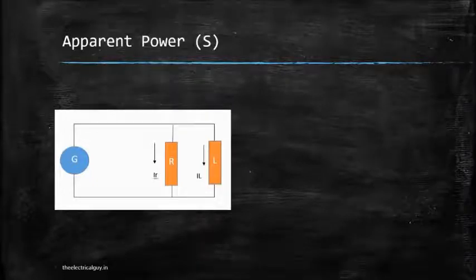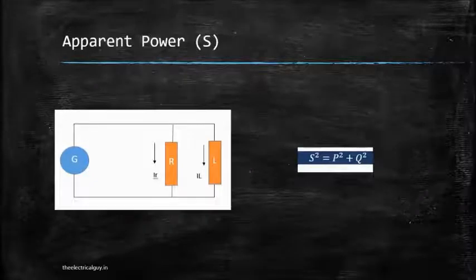And this type of quantity or this type of combination of both the power is represented by the name apparent power, which is denoted by letter S, and it is given by S square is equals to P square plus Q square, that is active power plus reactive power.